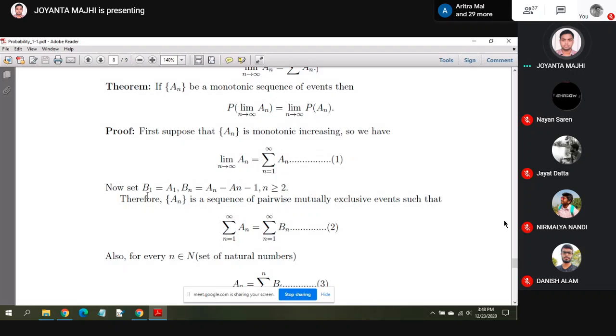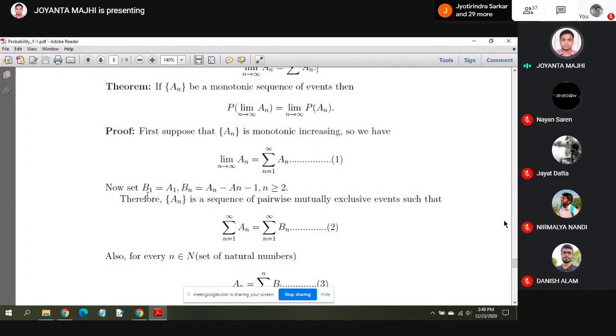We construct this bi in such a way because these bi are all mutually exclusive. Therefore, we can apply the third axiom of probability on the bi.